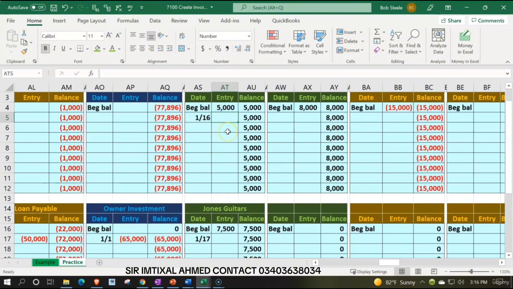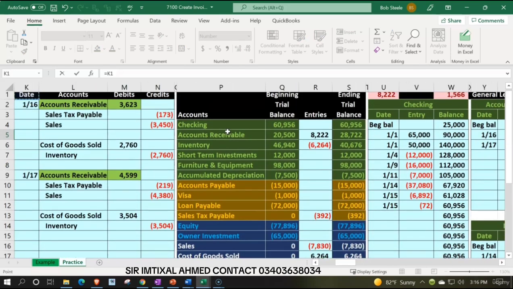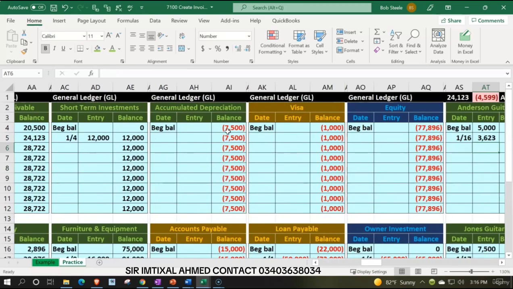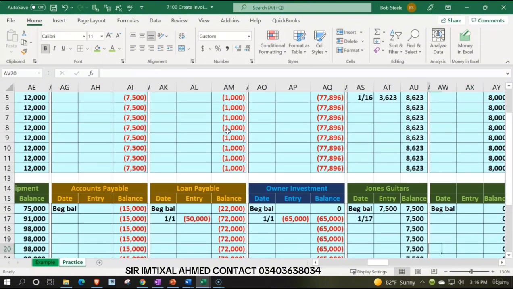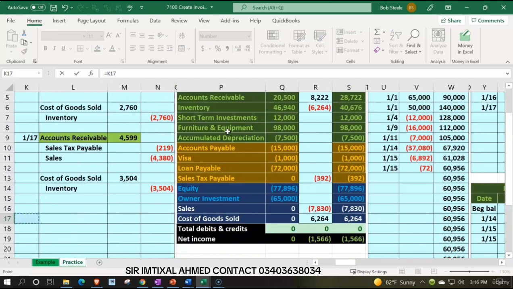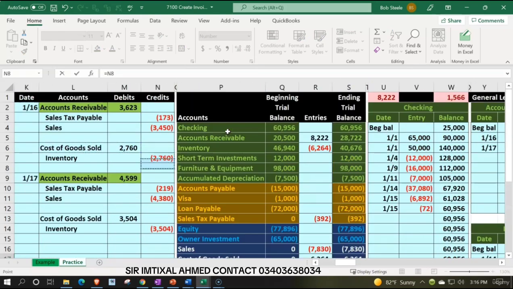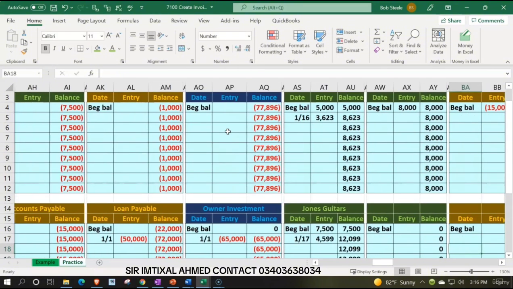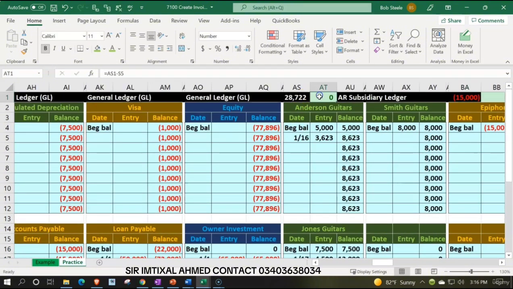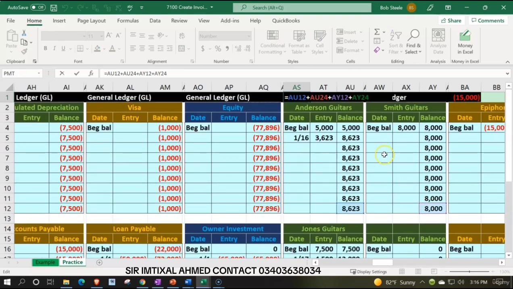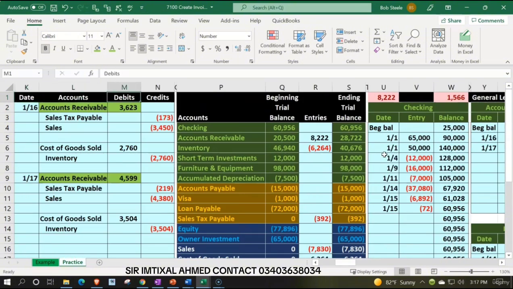Anderson was the one we sold that 3,623 for, so equals all the way to the left, picking up that 3,623, and then Jones down here, we sold the other one for on AT17, all the way to the left, picking up that 4599. So there we have it. Now we're back in green on the subledger, ties out to the general ledger because it adds up to the 28,722 for our 4 customers that owe us money at this time.